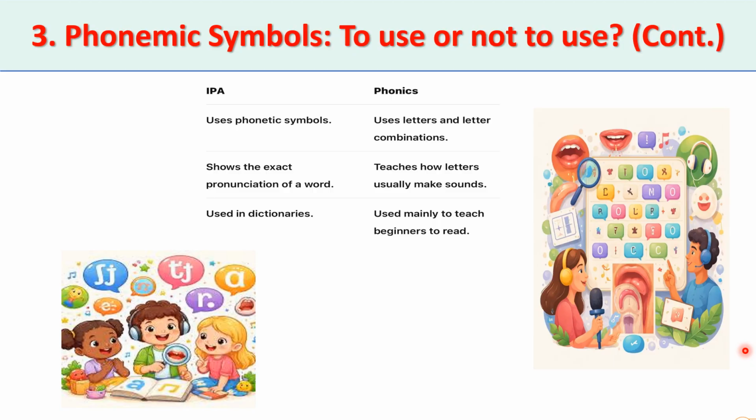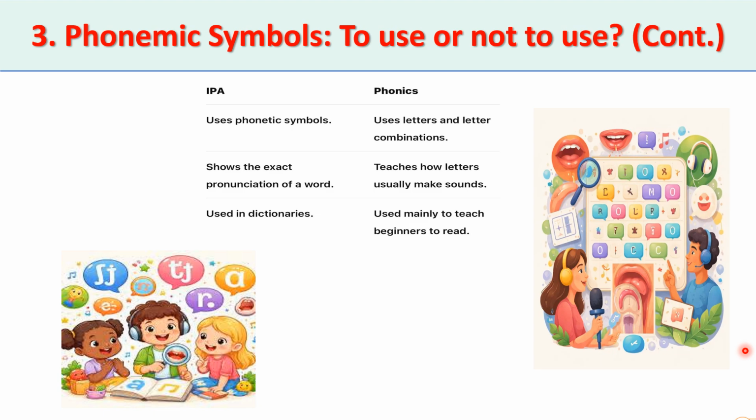Here I want to compare IPA and phonics. What are the differences? IPA mostly uses small symbols, and phonics uses letters to make sounds, for example B, B, C, K. IPA especially handles the hard words and gives them their own unique sounds.